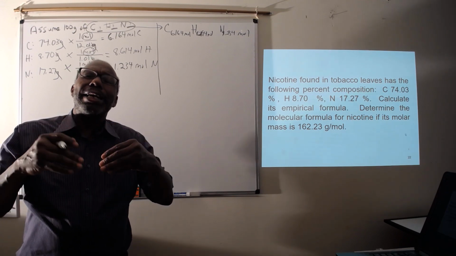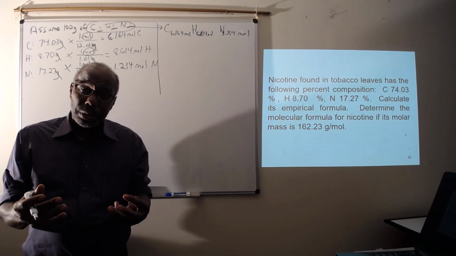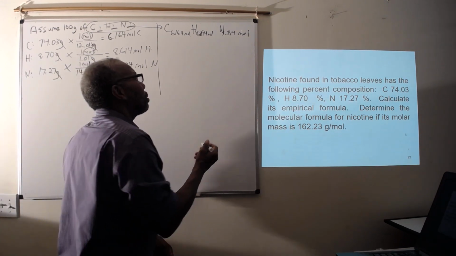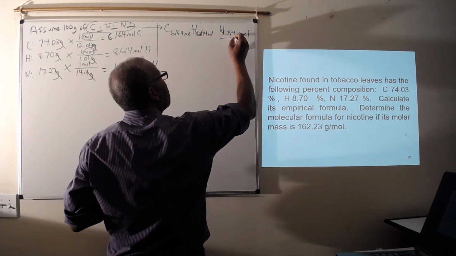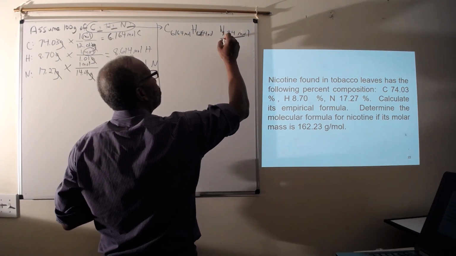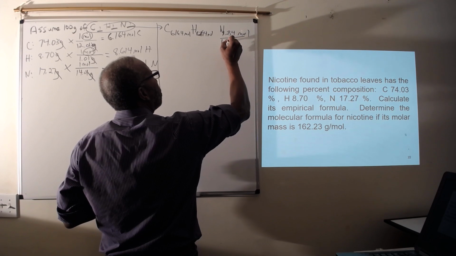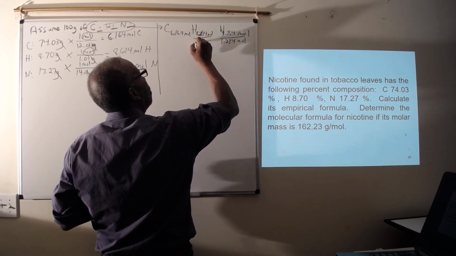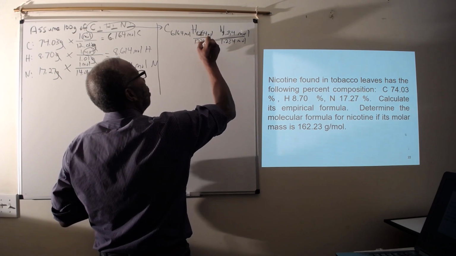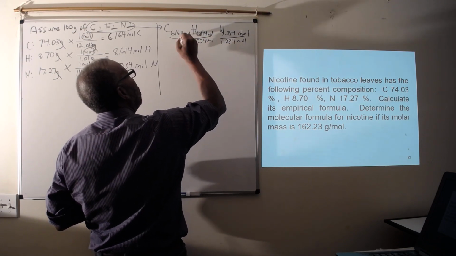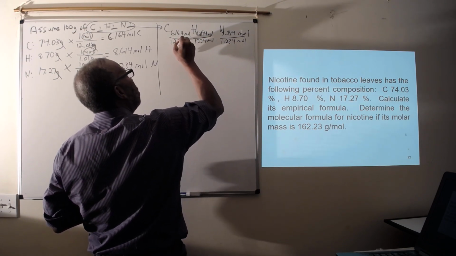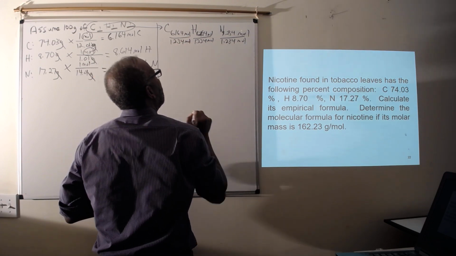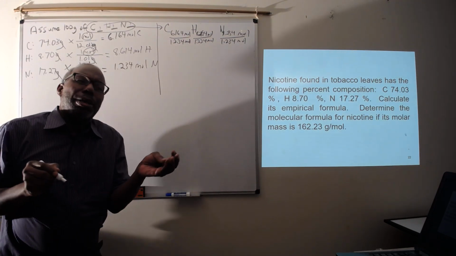In an attempt to get whole numbers, we divide by the smallest mole amount, which in this particular case is 1.234. And that should give us the empirical formula.